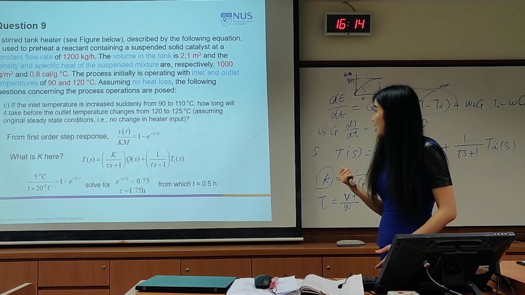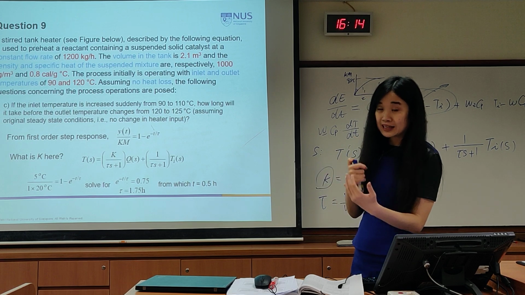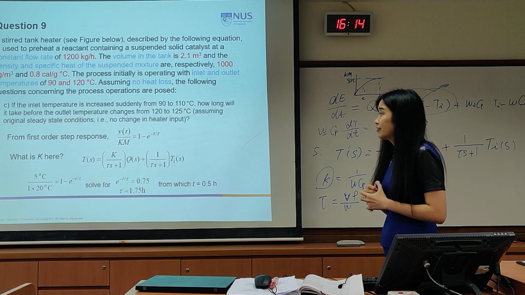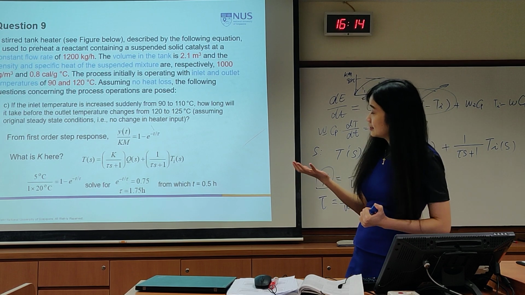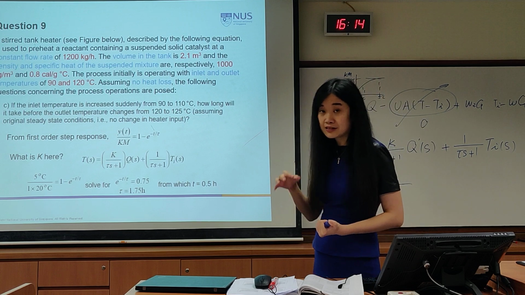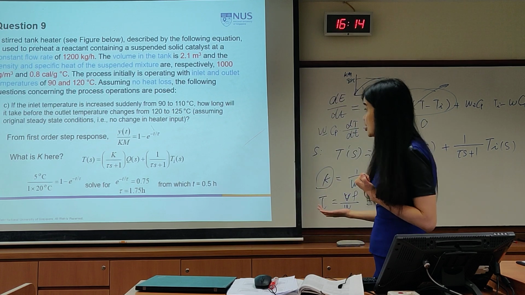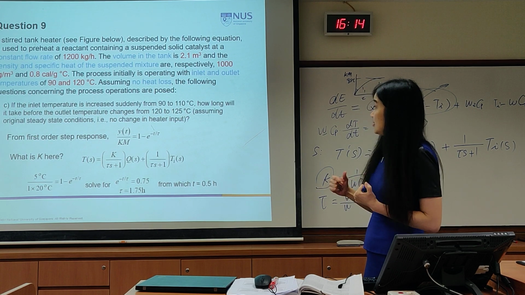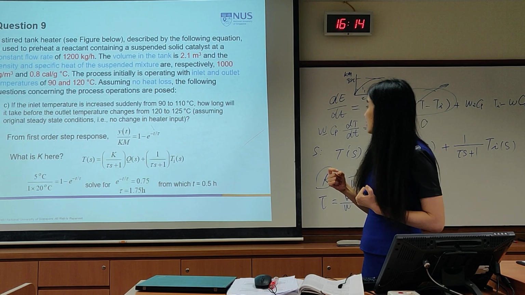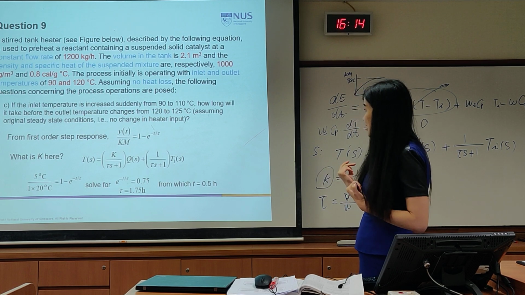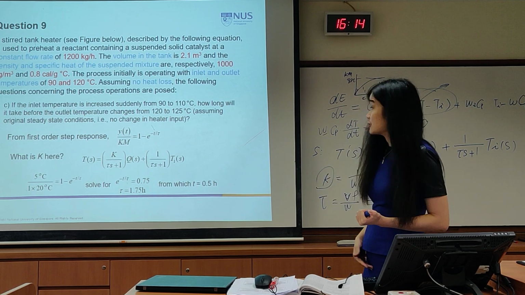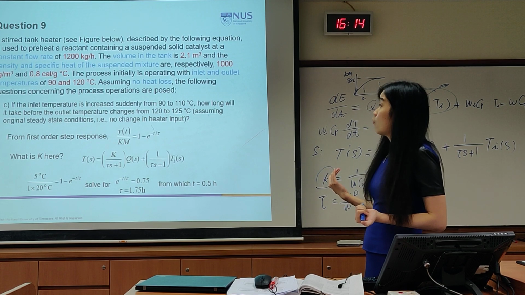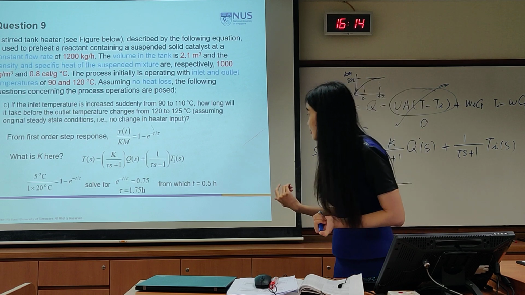And the next part, it asks you, so just now we calculated when Q changes, what is the corresponding T change. Here we switch to another variable in the transfer function. We say because the inlet temperature also has some variations. If my inlet temperature is increased suddenly from 90 to 110 degrees, so this is a 20-degree change in the inlet temperature, now how long will it take the outlet temperature to change from 120 to 125?